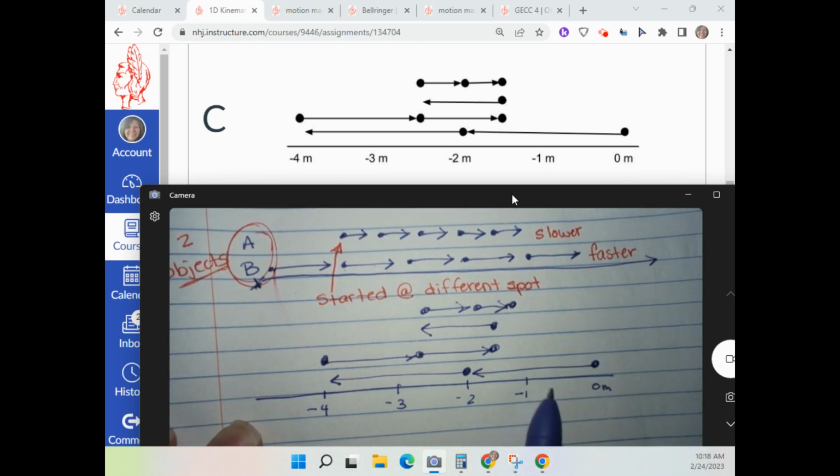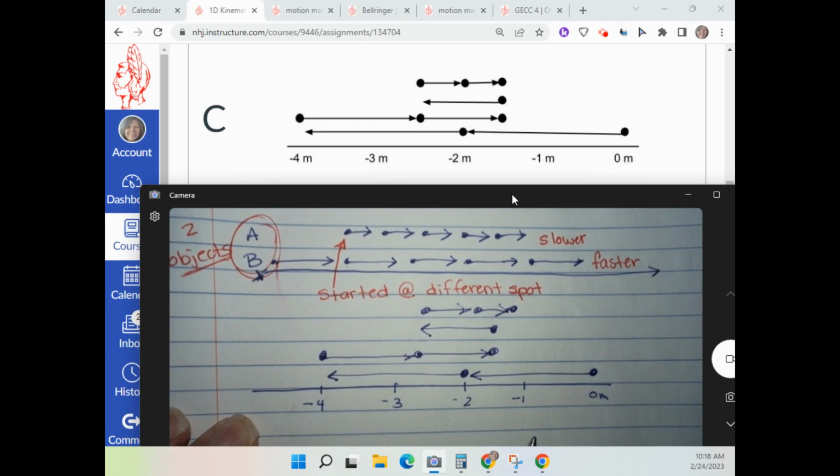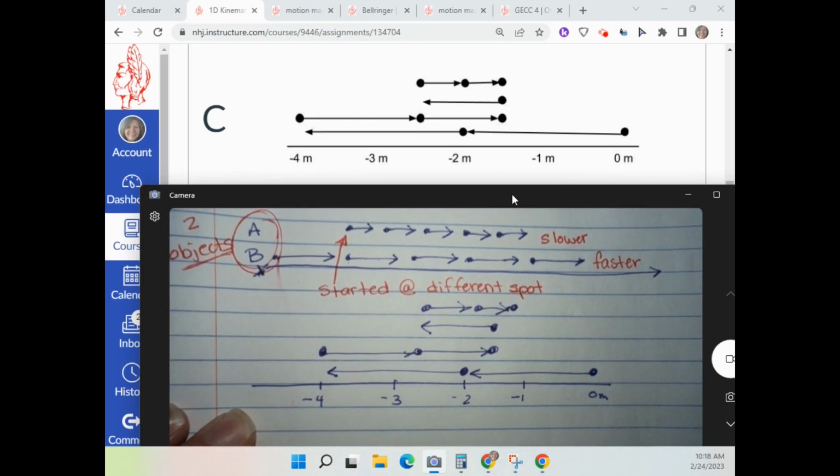Okay, so that's essentially what we have. What happened in this scenario? Where did the object start? 0. Okay, what direction did the object go? To the left. Okay, notice these negative numbers.